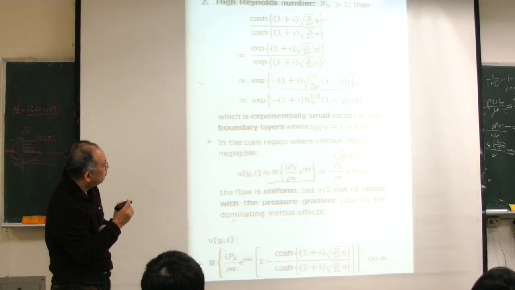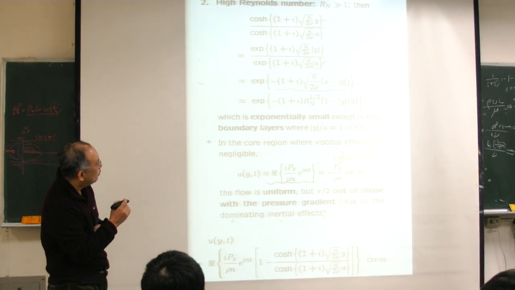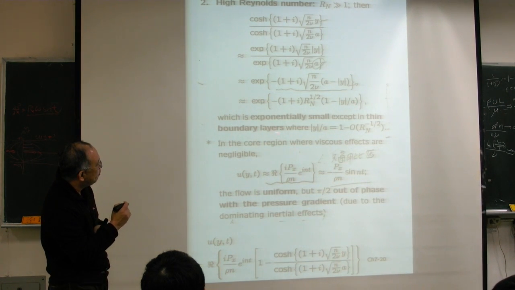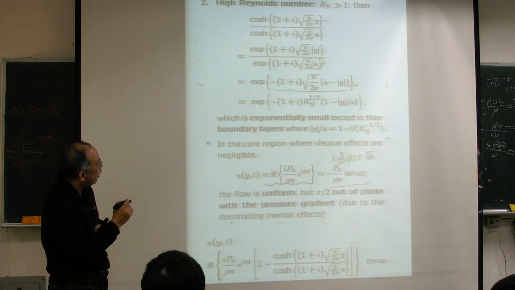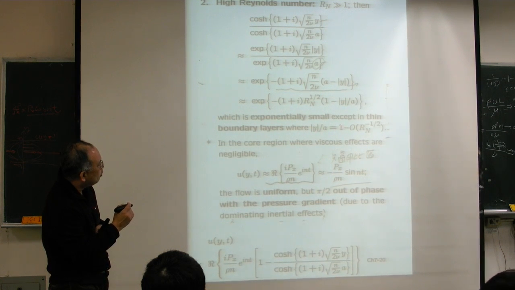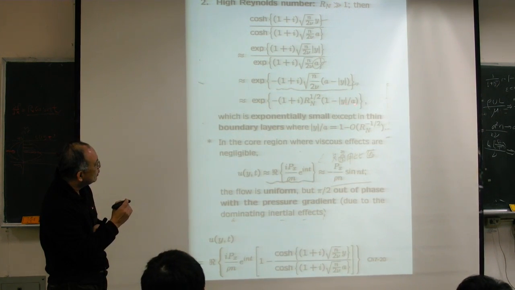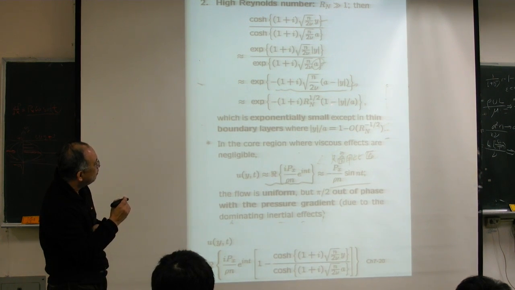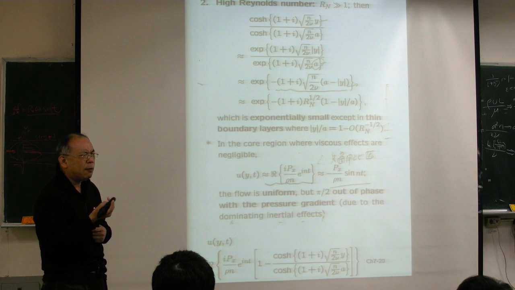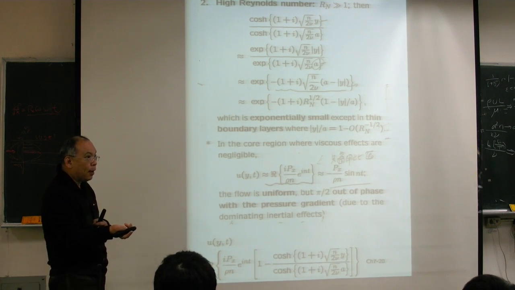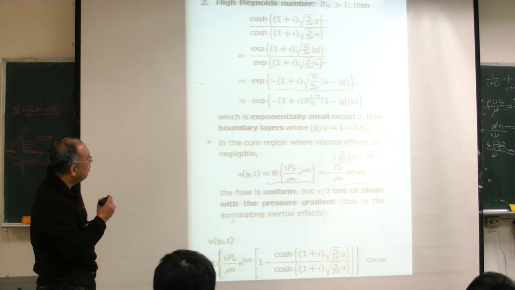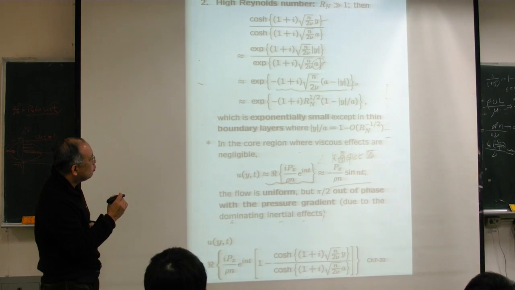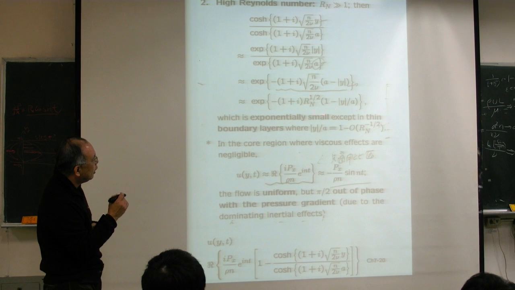But except what? Except in the very thin boundary layer. In the thin boundary layer, y is approximately equal to 1, and this is a very small number, and this big number multiplied by a small number may not be small enough. So that means within the boundary layer we have to take that into account later.